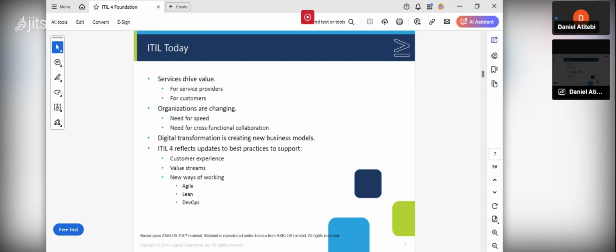But ITIL today says no, it's not like that. It's not about delivering service. It's about co-creation of value. The service drives value for both the service provider and the service consumers, so both co-create value when it comes to service management.